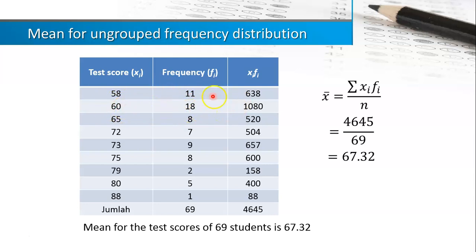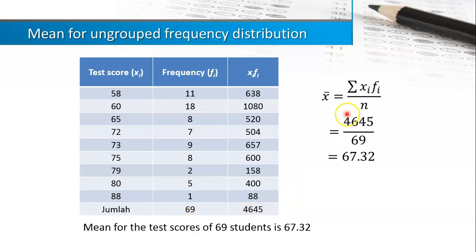If you want to calculate the total score, you do not divide, you multiply the test score with the frequency. So 58 times 11, you get 638. 60 times 18, you get 1080. Then you add all of these, and you have a total score of 4,645.